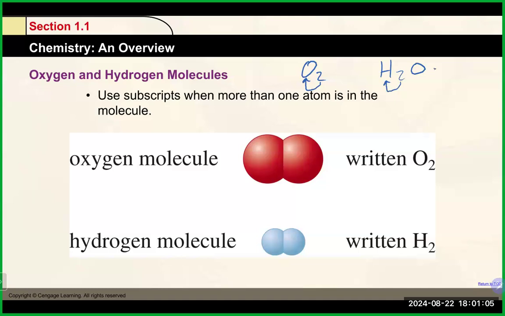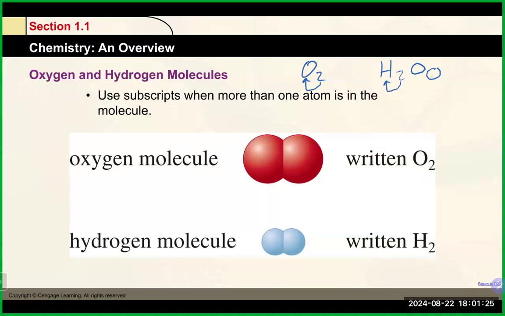Pretty much in all chemistry applications, if you do not see a number there, like next to the oxygen, it is assumed to be one. So typically in chemistry, we don't put one on most things that we write as formulas. We often don't put ones when we're balancing equations either.